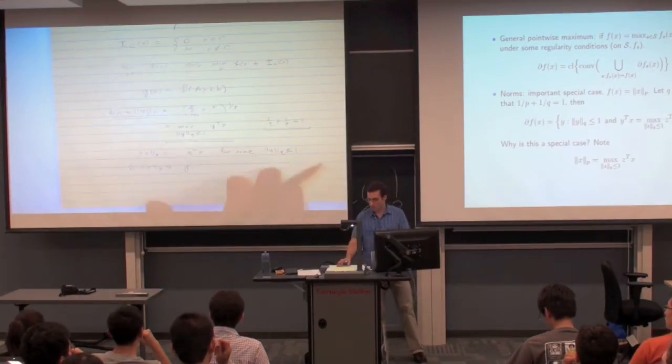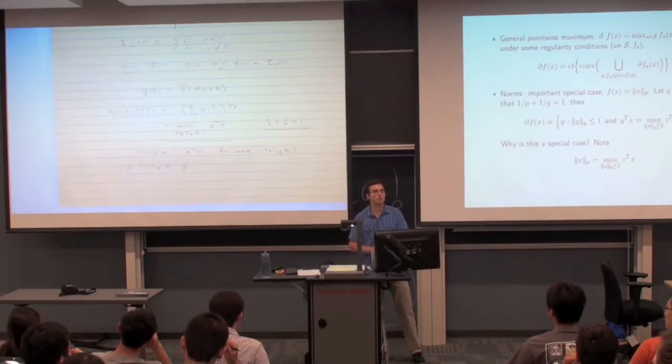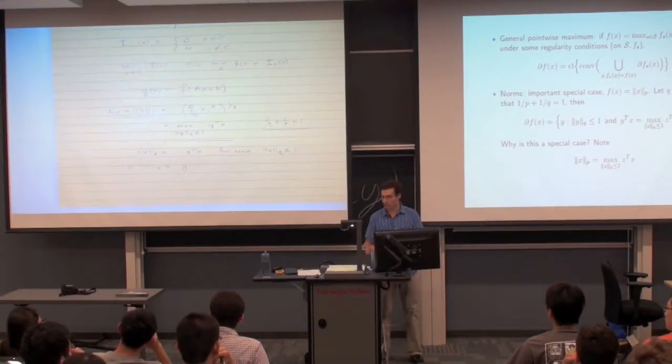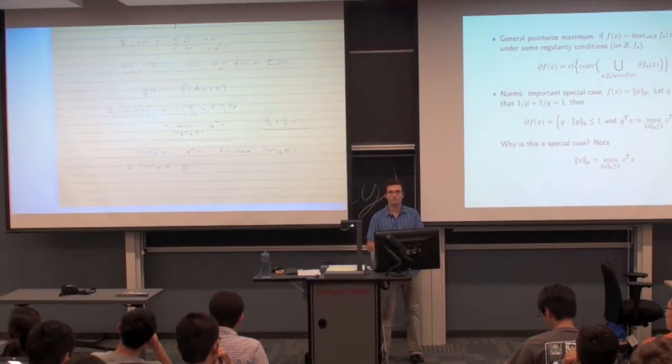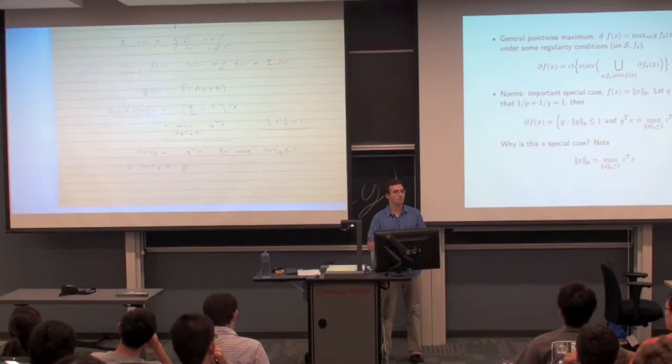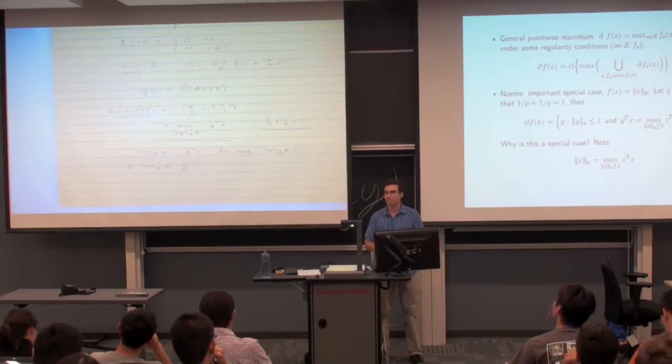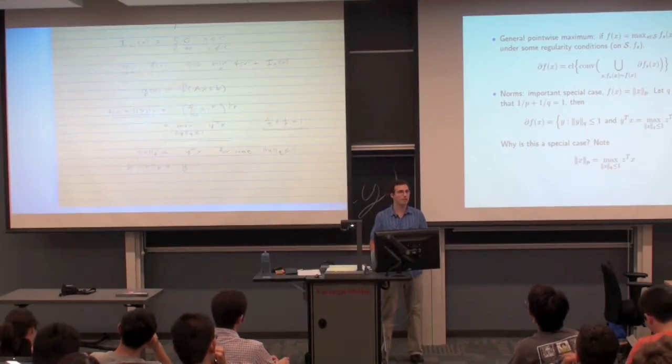The set of all subgradients is the convex hull of all such y. But as long as I have one that I know achieves the maximum inner product, that's a subgradient. So that's a useful rule for reciting what the subgradients are of different norms. Questions about that?